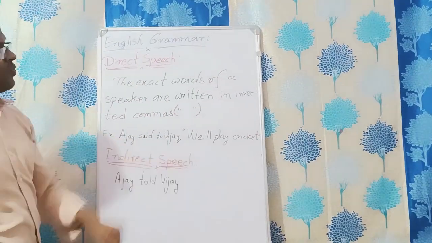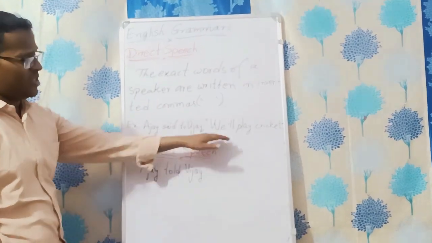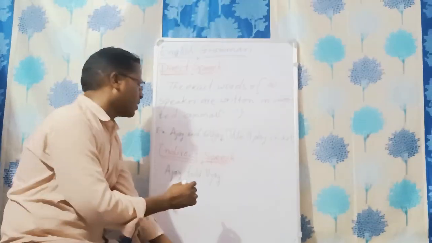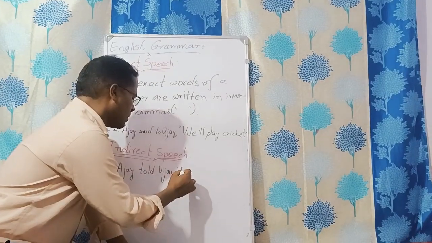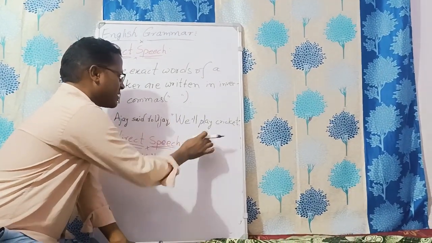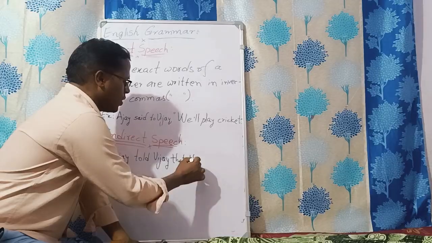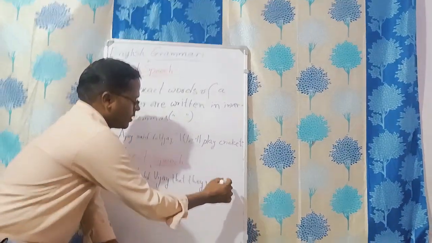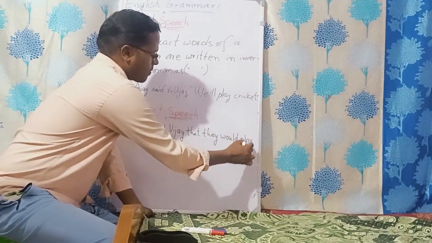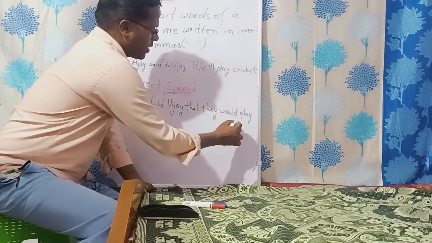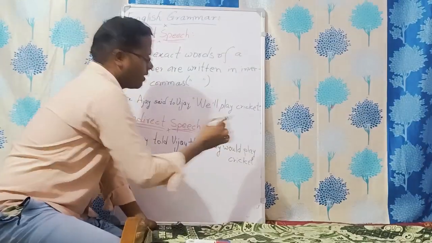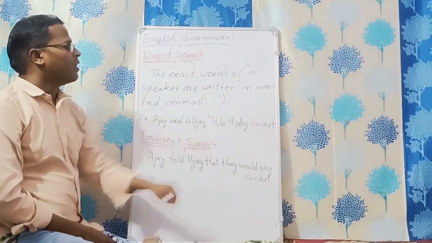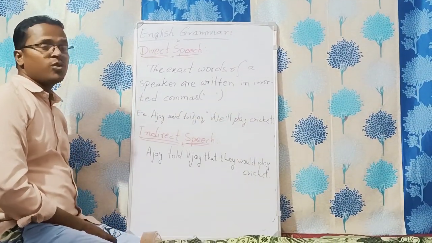See, it is in the simple future, when the direct speech is in the simple future, indirect speech also will be in the simple future. Because it is a declarative sentence, they will become would: they would play cricket. What they would play, they would play cricket. So here there is no change in the tense if the direct speech is in simple future.